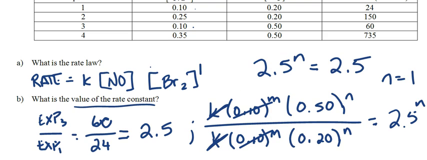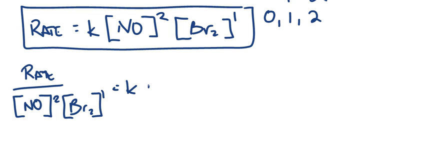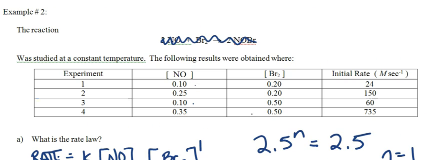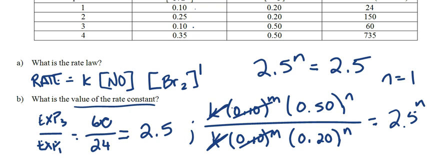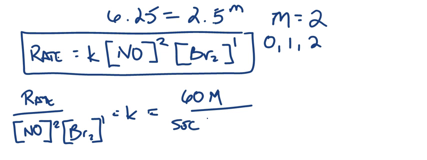So number 3, the rate is 60 molarity per second. And the nitrogen monoxide is 0.1. So 0.1 squared. So we must square that if it's second order.